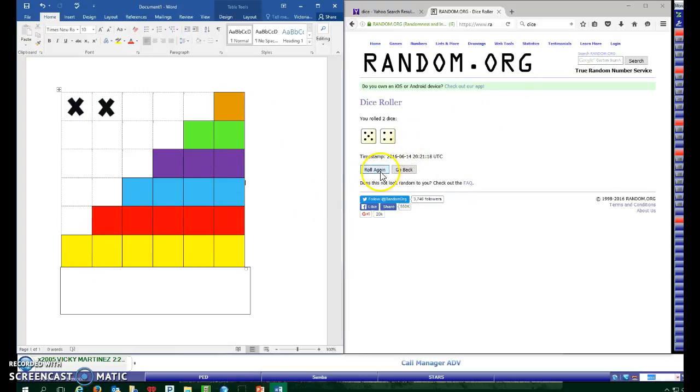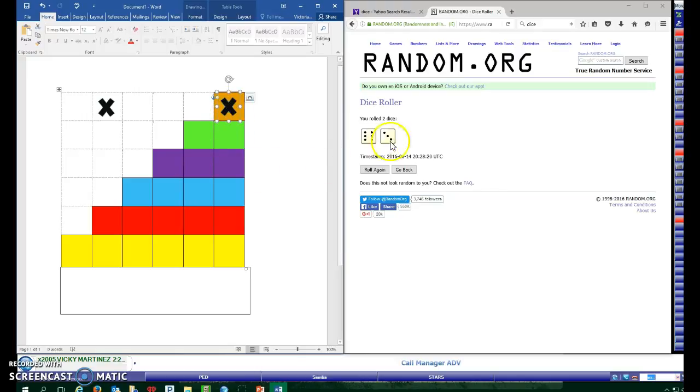So let's get started. We'll roll our dice. Our numbers were 6 and 3. So for 6, you're going to take your marker and you're going to want to count. 1, 2, 3, 4, 5, 6.